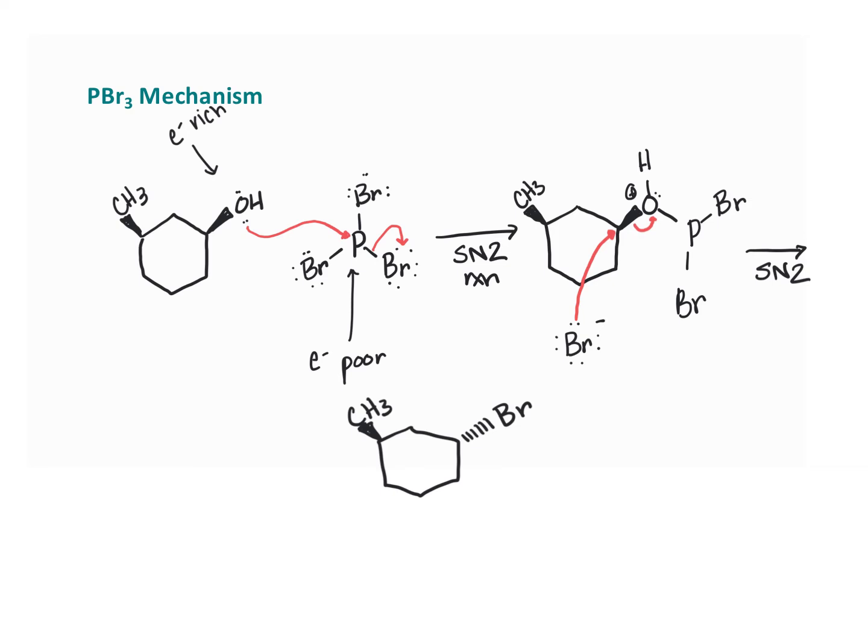Here, I want you to notice a few things. Notice that the phosphorus containing group here in step 2 resembles, like, has a protonated alcohol on it.